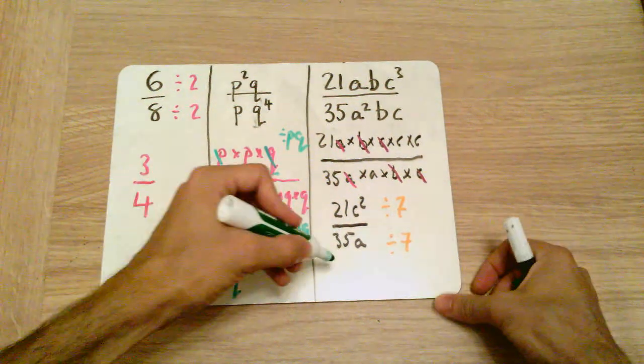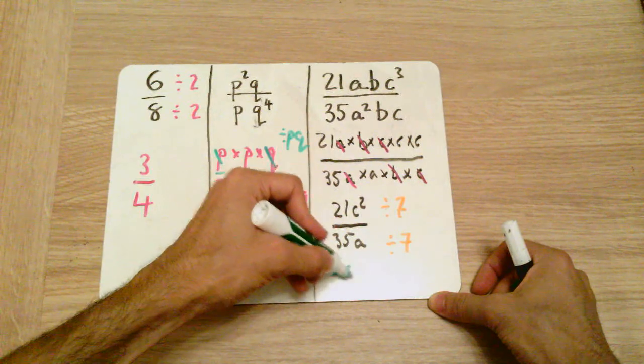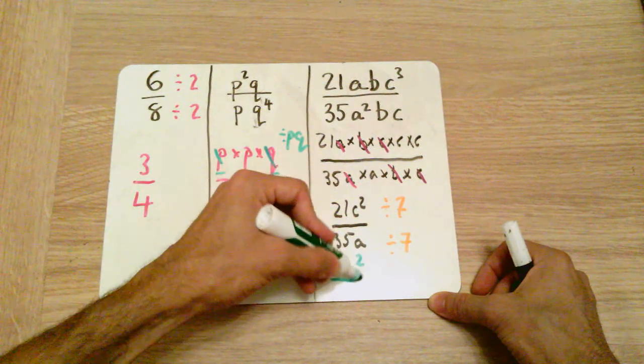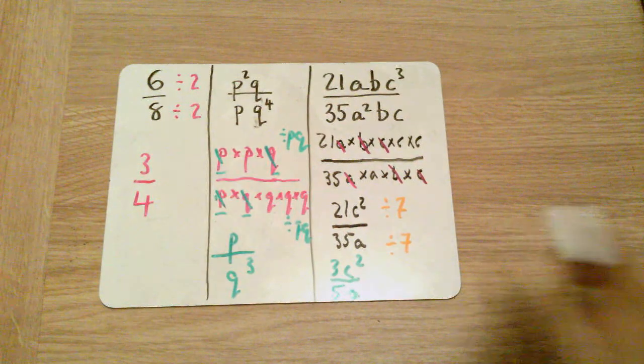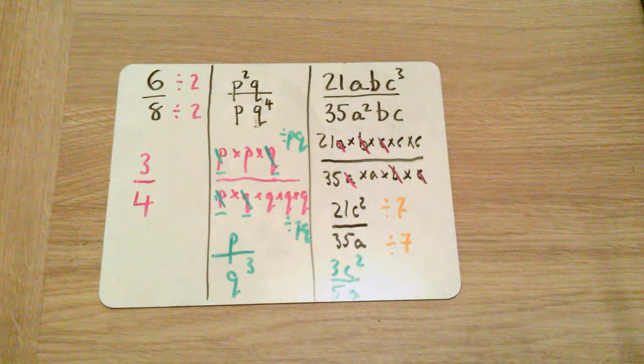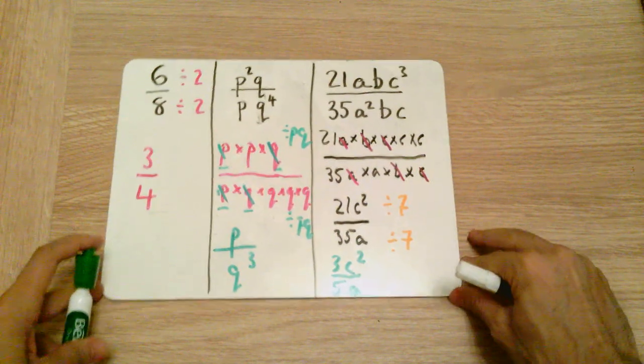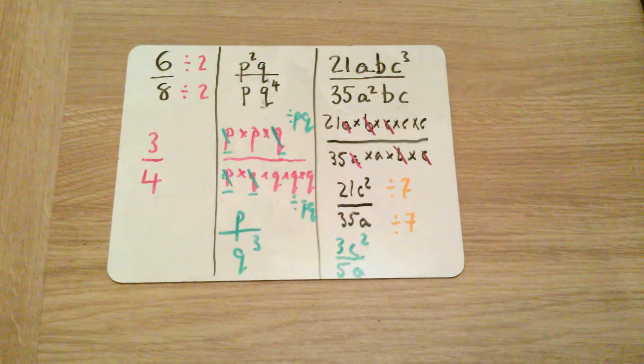So on the top, our numerator is 3C squared, and on the bottom, 35 divided by 7 is 5A. And what we've done there is very simply cancelled down and simplified that algebraic fraction all the way to the bottom: 3C squared divided by 5A.